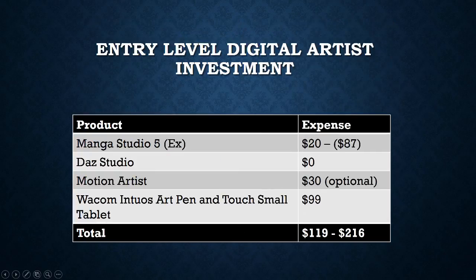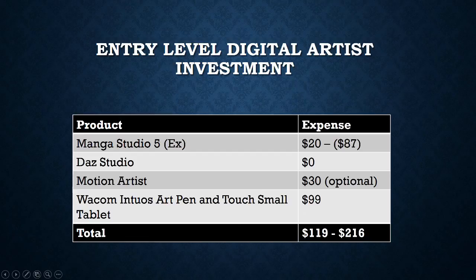Here's an entry-level digital artist investment. I would recommend that you get Manga Studio 5 EX for $87. But if you get the deal of $20 and you just are really strapped for cash, go for that. Get Daz Studio for free.